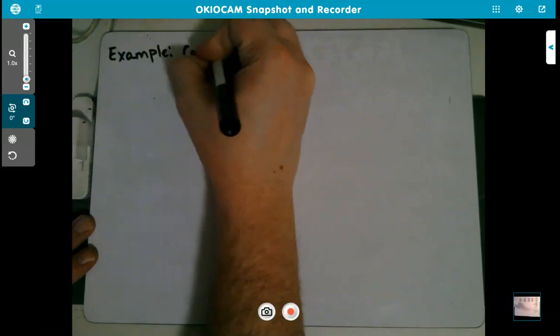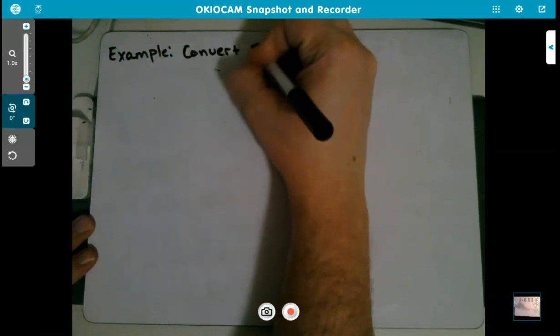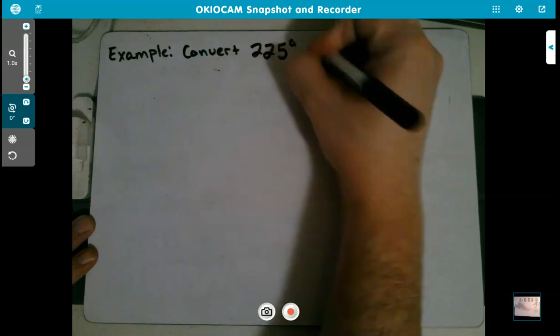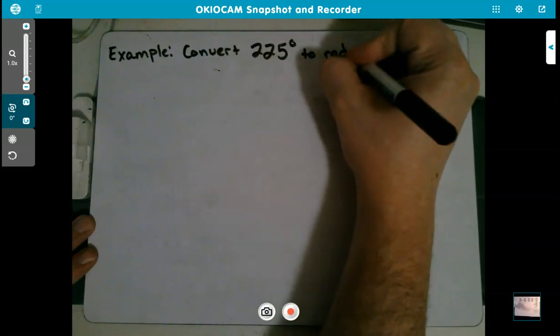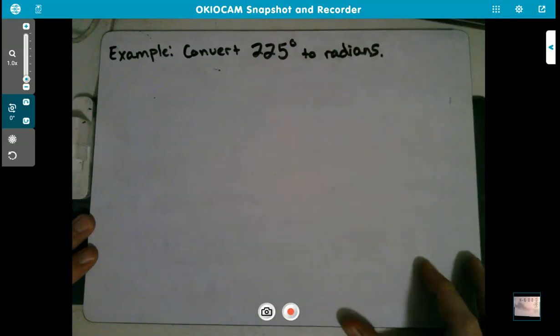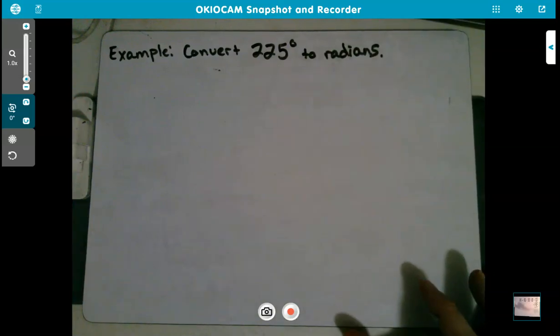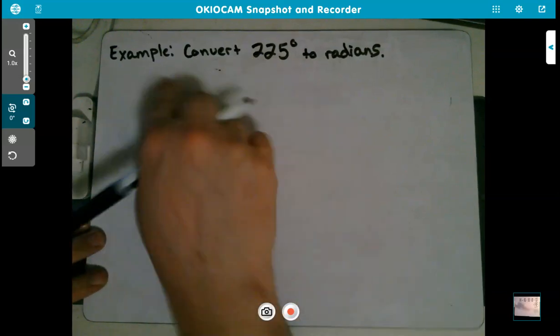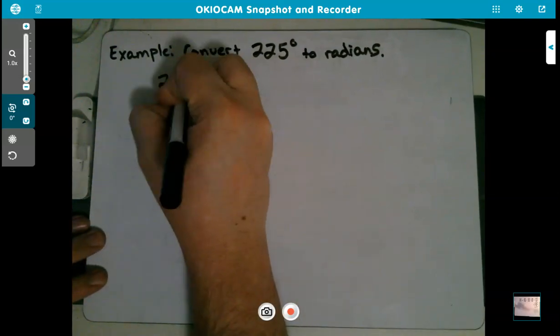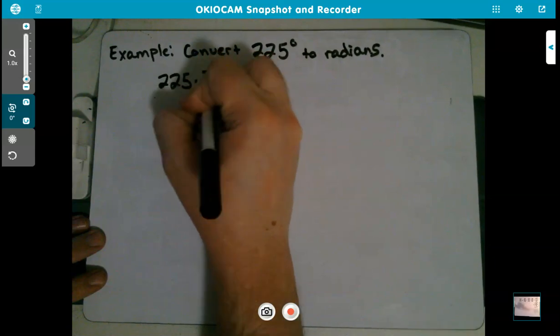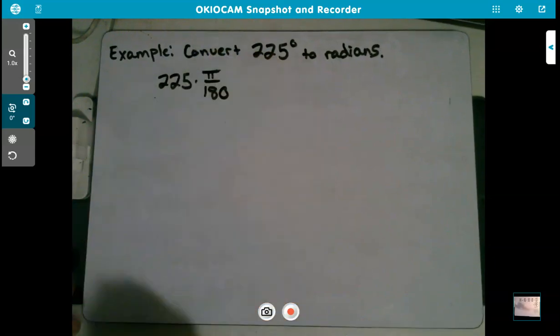Example: convert 225 degrees to radians. Okay, so as I wrote down, in order to convert degrees to radians, I just multiply that, 225, by pi over 180.